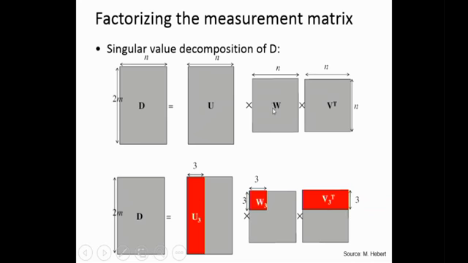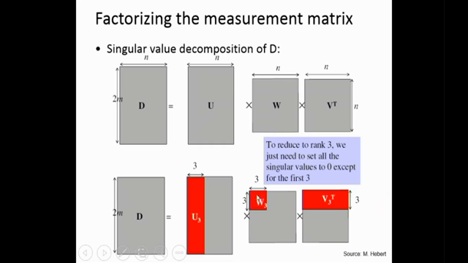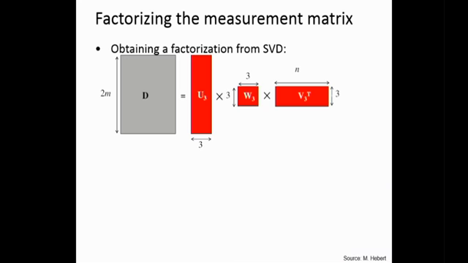So I can just force all the singular values except for the top 3 to be 0, and then correspondingly select only the first 3 columns of U and the first 3 rows of V transpose. Now I've got something that at least has the right shape. I've got my U3, some kind of scaling 3 by 3 matrix, and V, where U3 is the shape that I want for my affine parameters, and V transpose is the shape that I want for my points.